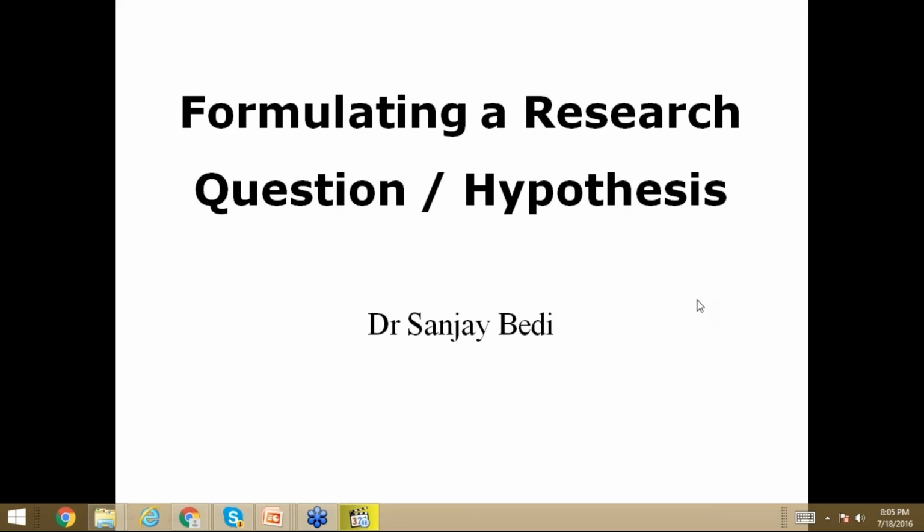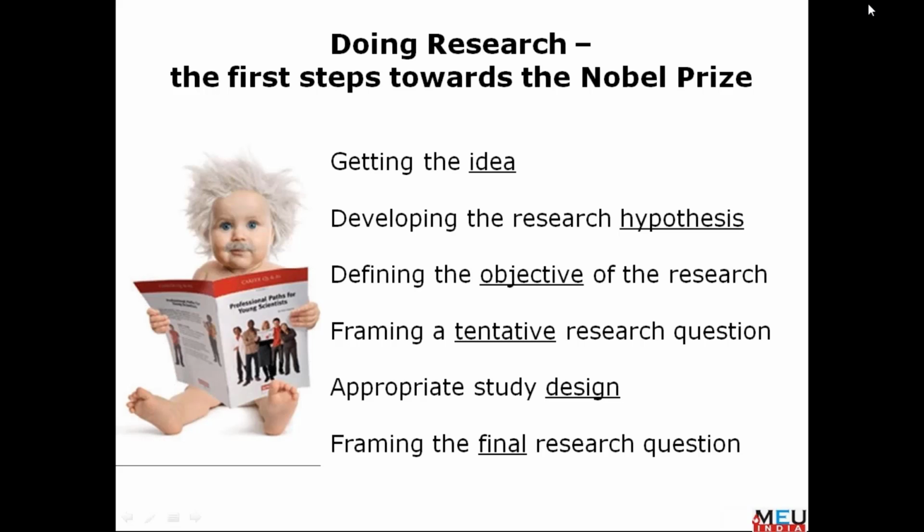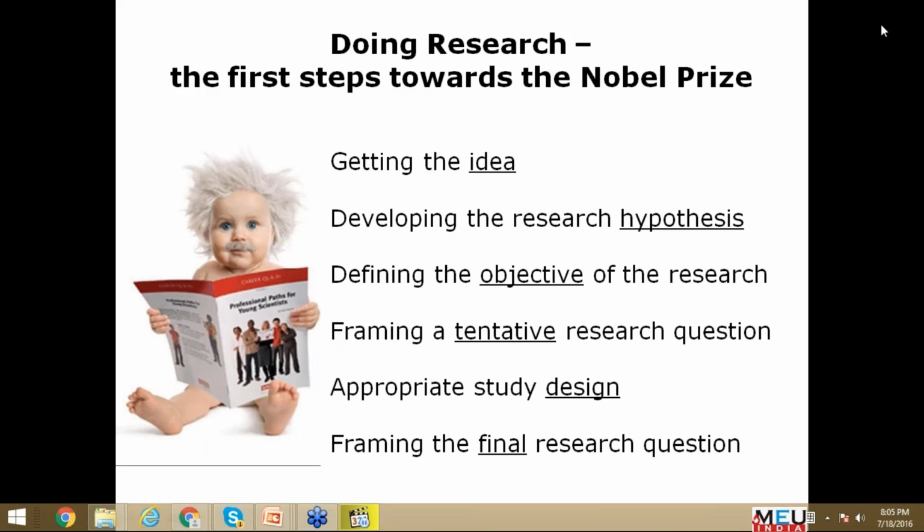We discussed some aspects of the research question. Now, a small recap: we initially get an idea that we see something, and we develop a research hypothesis, and then we define the objective, why we want to do that research.